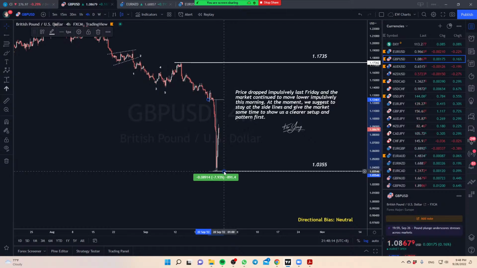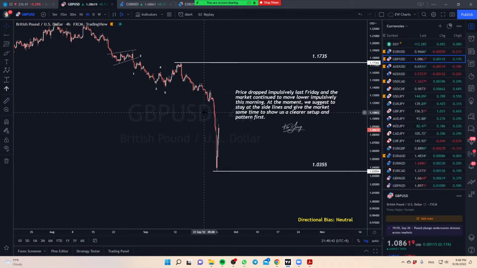I mean, maybe crypto is considered small, but if you're talking about FX, equities, indices, 8% in a single day is a very huge movement. In terms of actual pip count, that's almost like 900 pips, which is again huge, right? In a single day. We haven't seen such volatility for some time.